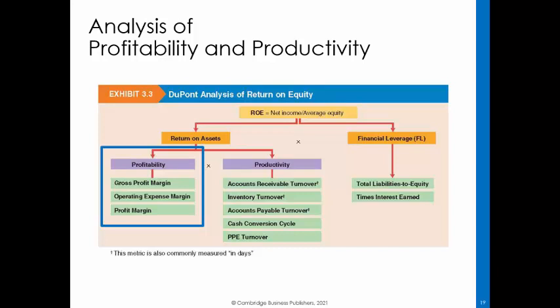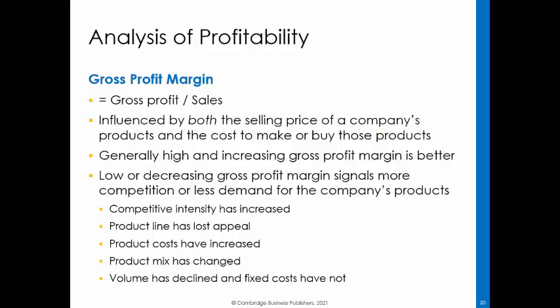The goal is to increase the productivity of the company's assets in generating sales and then to bring in as much of each sales dollar to the bottom line, or net income. In analyzing profitability, we know that profit margin, while an important measure of profitability, is influenced by gross profit margin on sales and selling, general, and administrative expenses.